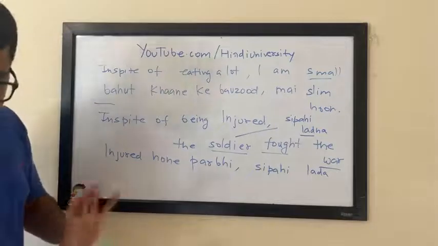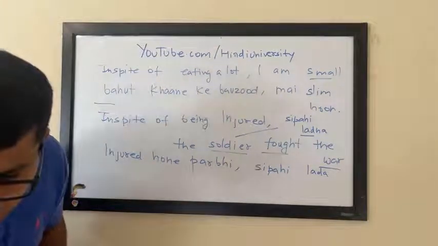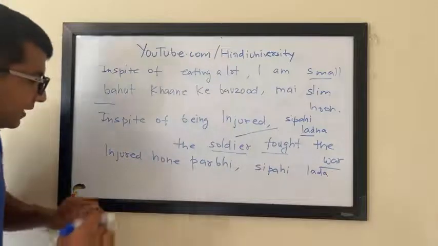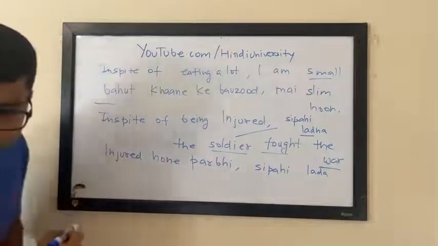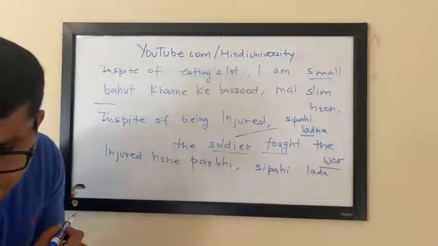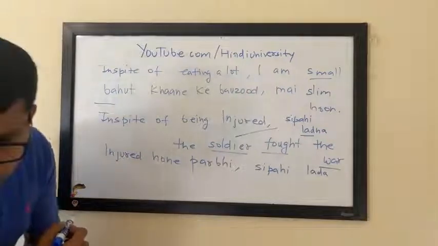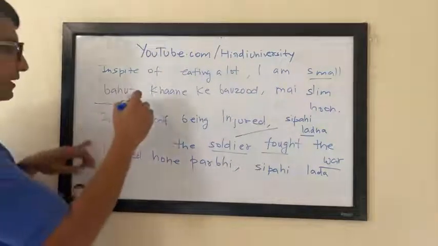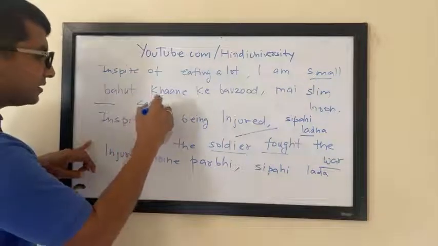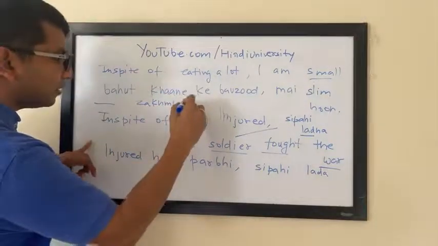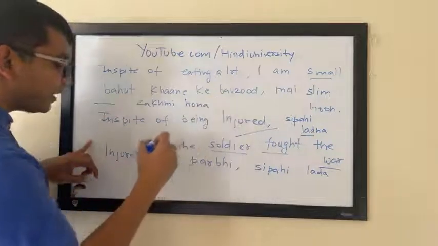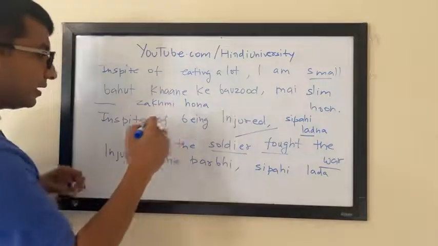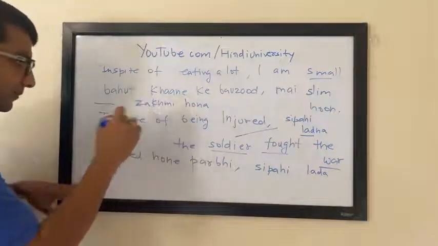Anyone else would like to add more to it now? Jakhmi hone par bhi. So to get injured is jakhmi hona. Zakhm is like injury. It's an Urdu word.